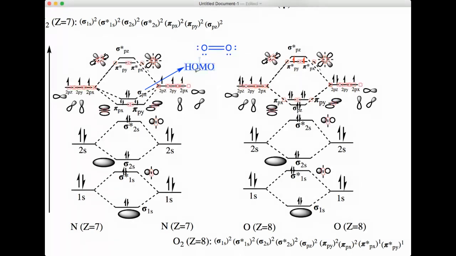Highest occupied molecular orbital is the sigma pz. And that's very important because remember, for reactions, the electrons that are highest in energy are the ones that can be given for reactions. For oxygen, the HOMO is here. These are the highest occupied molecular orbitals, the pi antibonding.